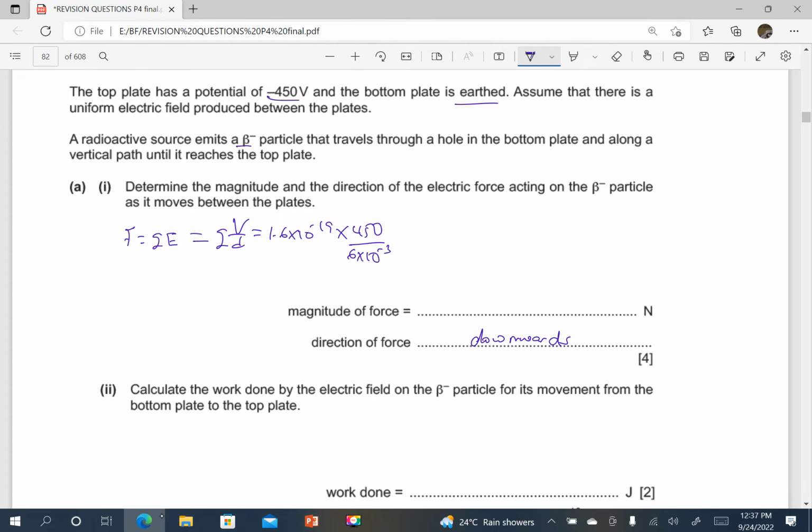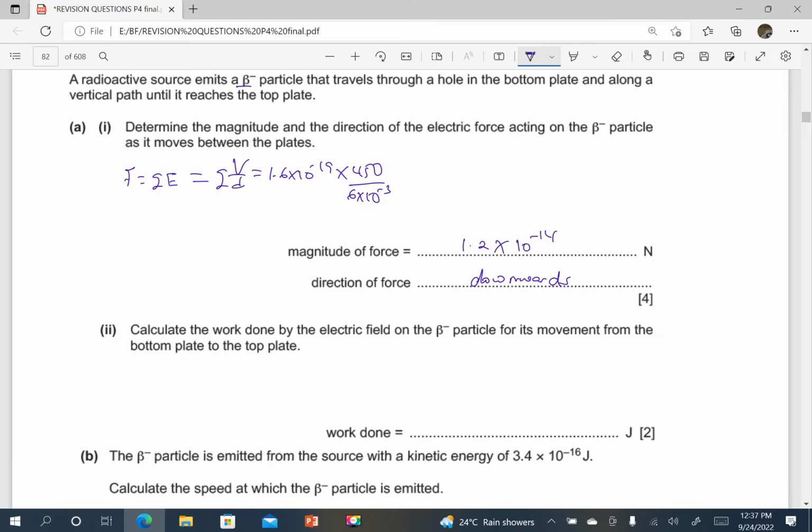This is giving me 1.2 times 10 power negative 14 newtons.